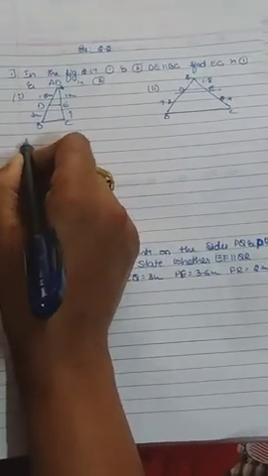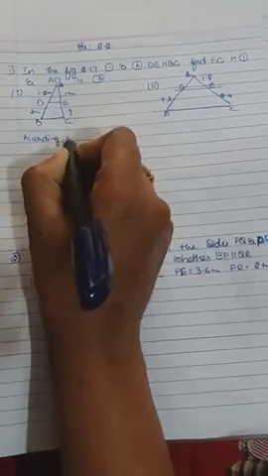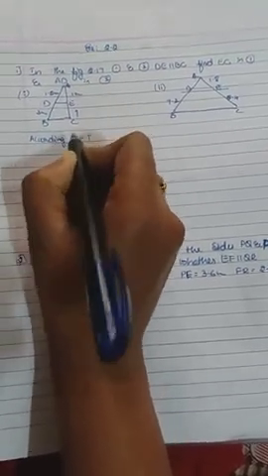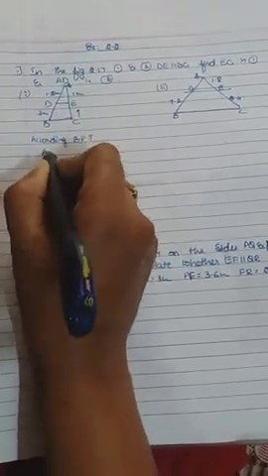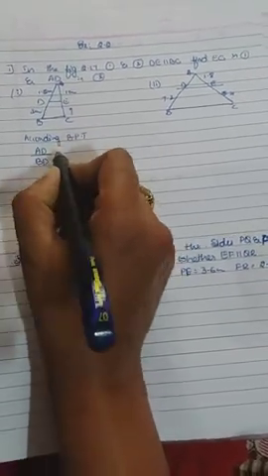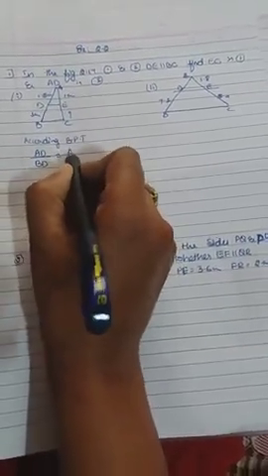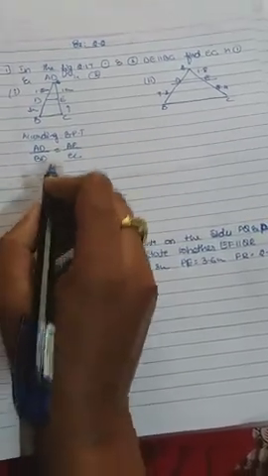So according to Thales theorem or BPT, the basic proportionality theorem, AD divided by DB equals AE divided by EC. Substitute the values they have given.